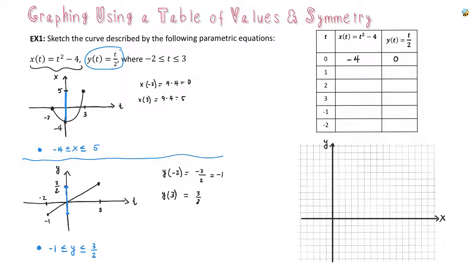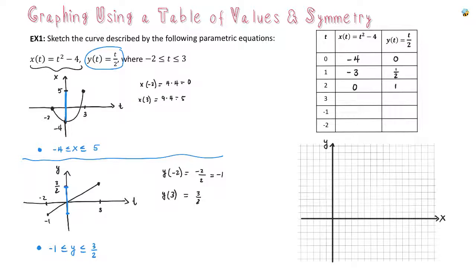When t is equal to 1, x will be negative 3, and y is going to be equal to 1/2. When t is equal to 2, x is going to be equal to 0, and y is going to be equal to 1.